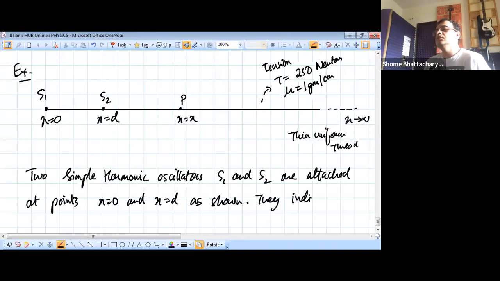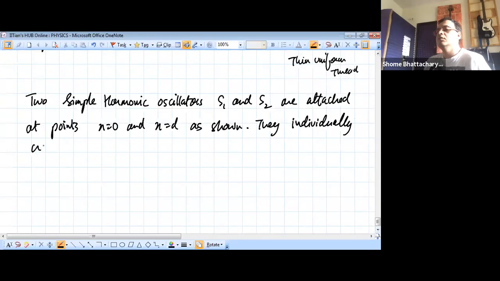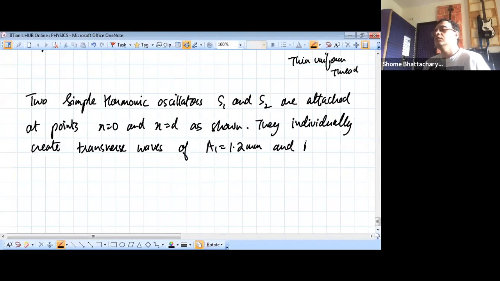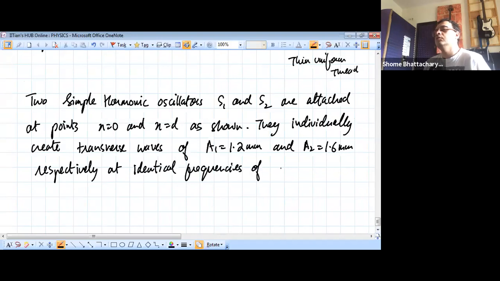They individually create transverse waves of A1 equal to 1.2 millimeters and A2 equal to 1.6 millimeters respectively at identical frequencies of 100 hertz.